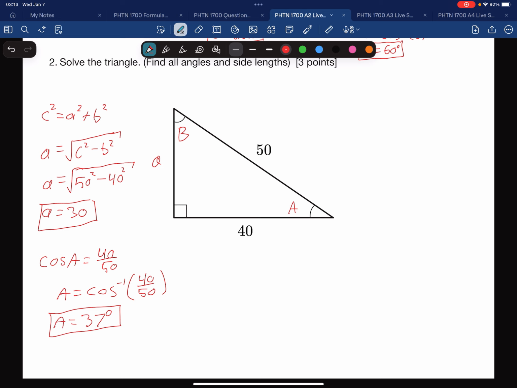And lastly, we know that all the angles in a triangle add up to 180.